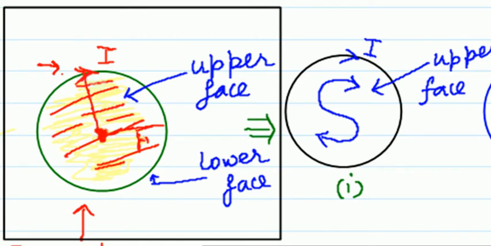In this current loop, if you see it carefully, this one is the upper face. So in this current loop there are two surfaces, one is the upper one and the second is the lower one.